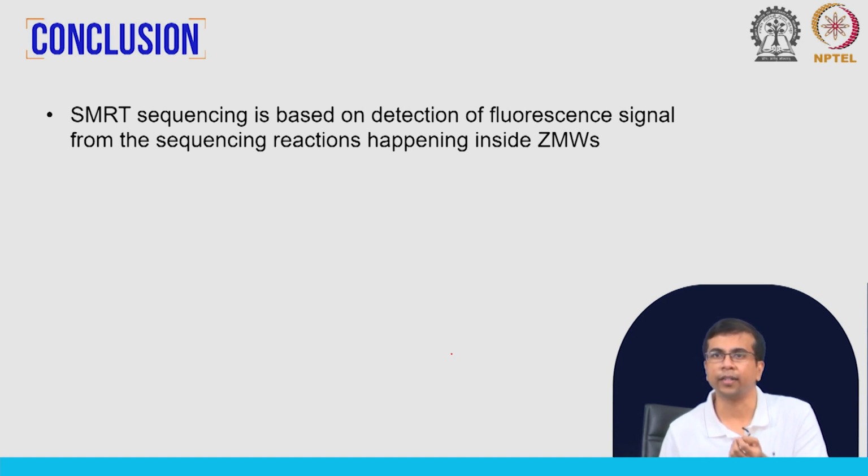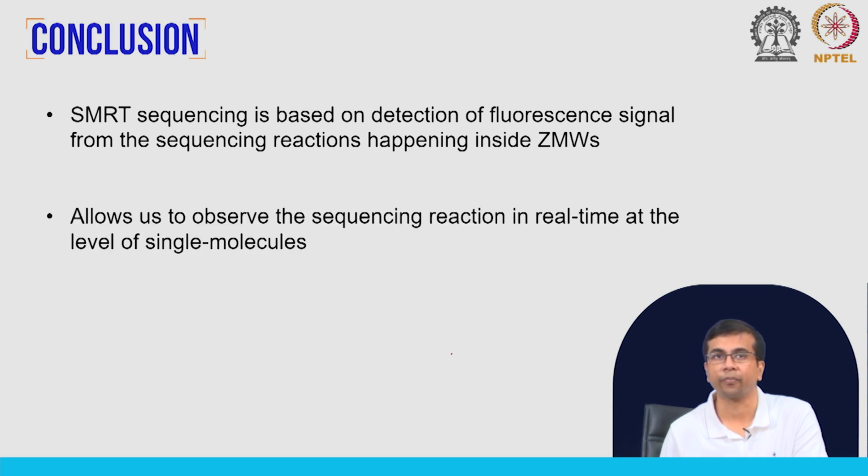This is in contrast with 454 and Illumina, where the DNA is immobilized on the picotiter plate or on the flow cell, and the polymerase comes and does the synthesis. Here in SMRT, it is the opposite: the polymerase is immobilized at the bottom of the wells, and the DNA molecule comes and the sequencing reaction happens.